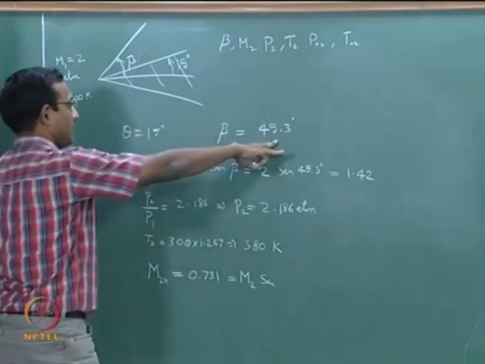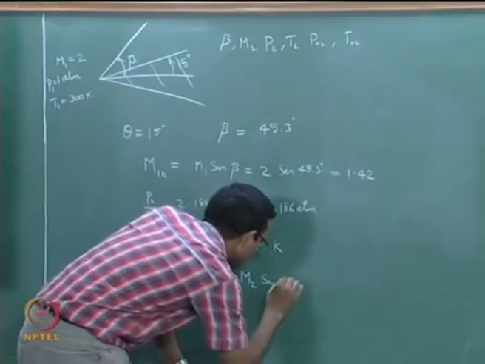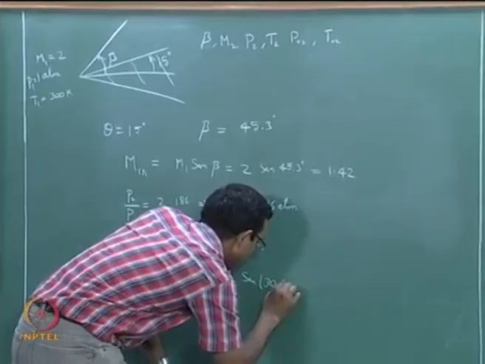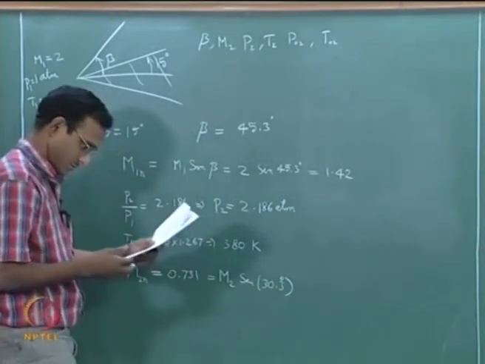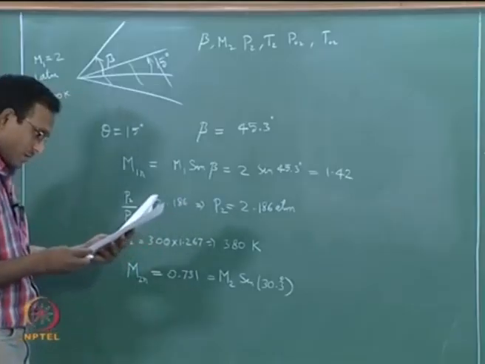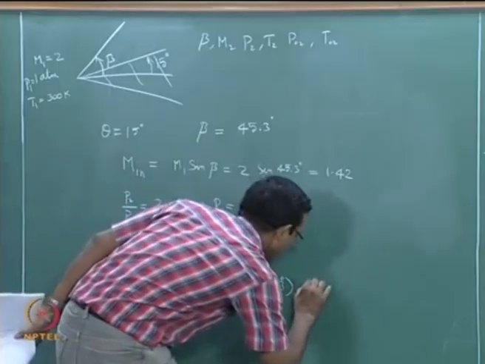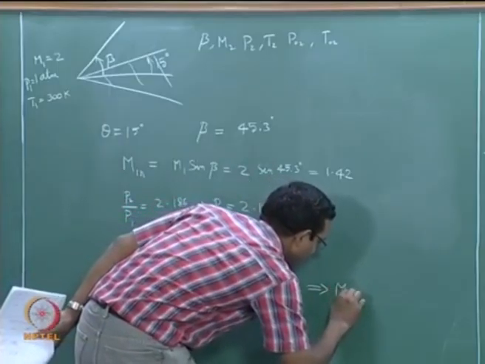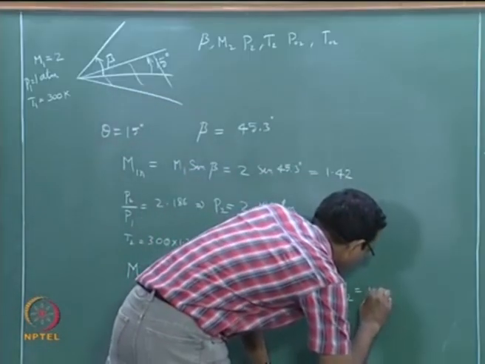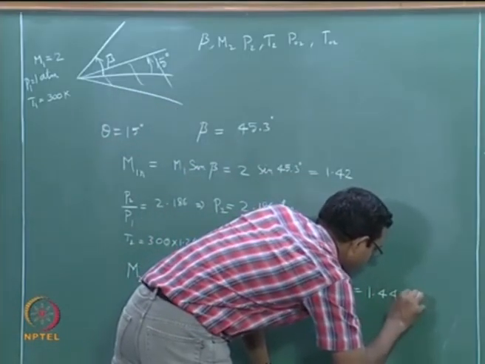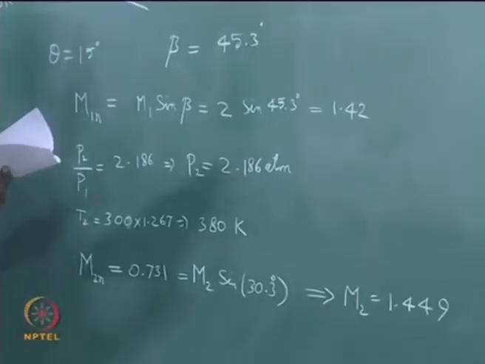Beta is 45.3, theta is 15, so I will put 30.3 degrees. When I use this and find out my M2 value, this gives my M2 as 1.449. That is going to be my M2 value.